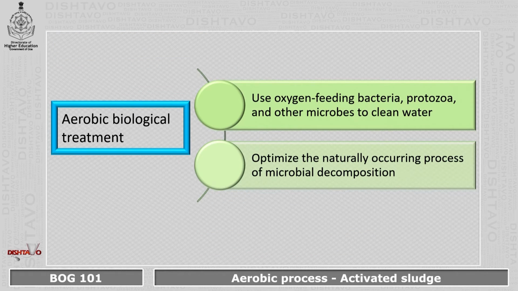We will be dealing with the aerobic biological treatment in the first part of the unit. The aerobic biological treatment uses oxygen feeding bacteria, protozoa, or other microbes to clean the water. This treatment optimizes the naturally occurring process of microbial decomposition.